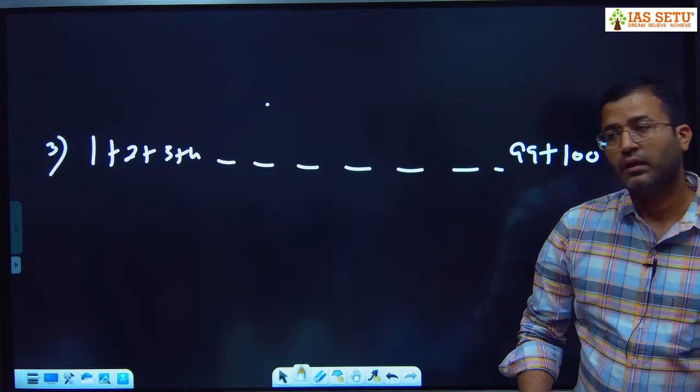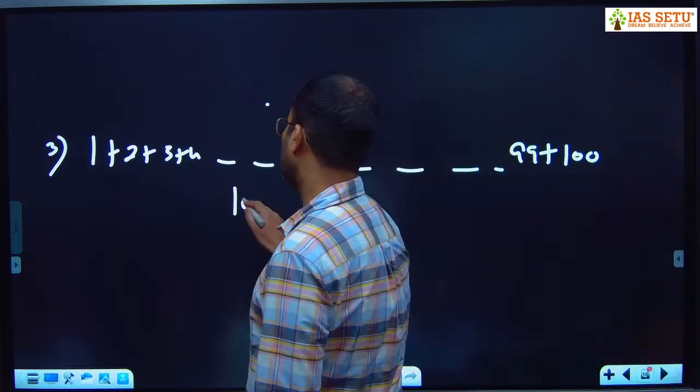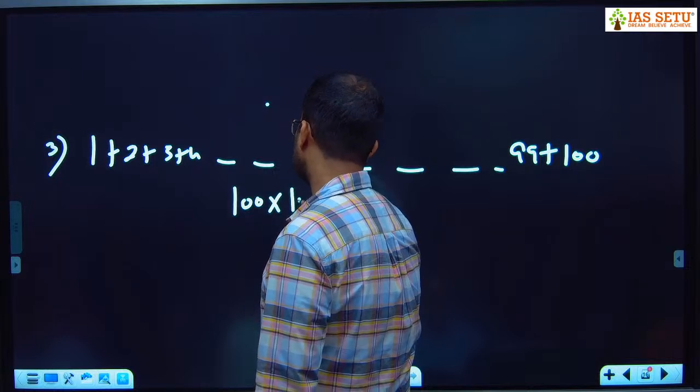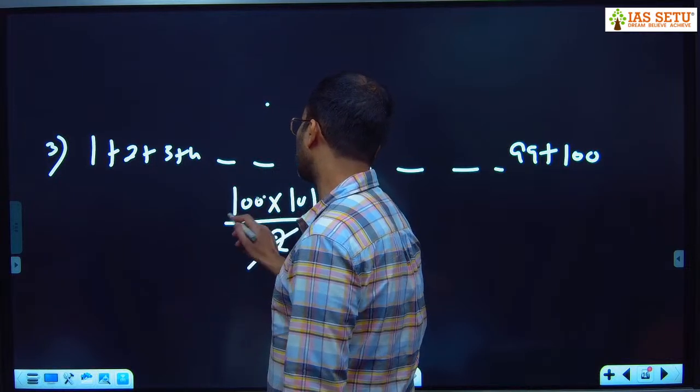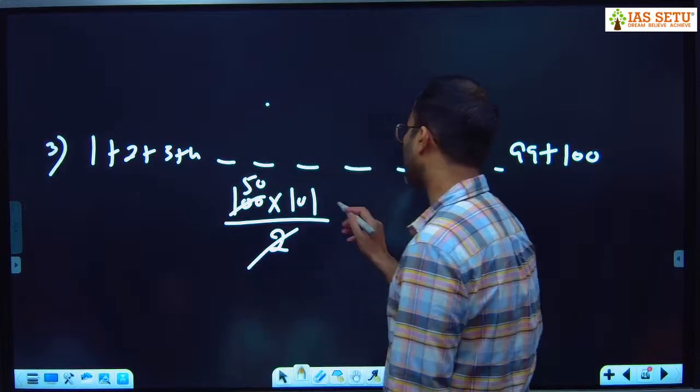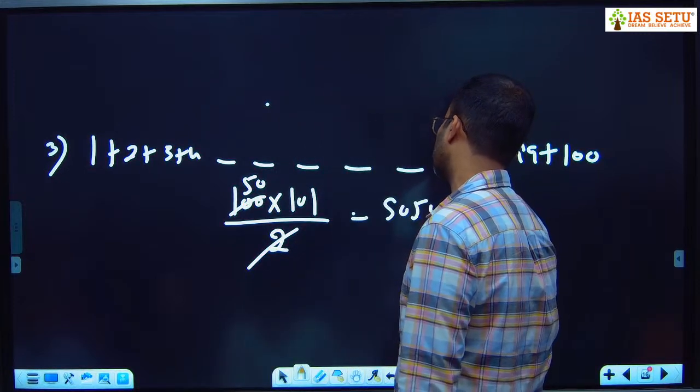Done. What is the answer? 5050. 100 into 101 divided by 2, so it is 50 multiplied by 101, 5050.